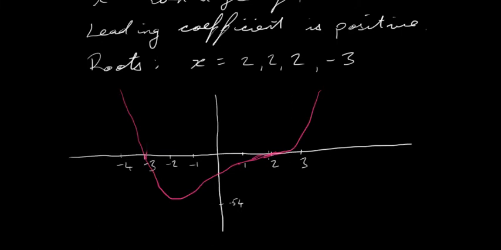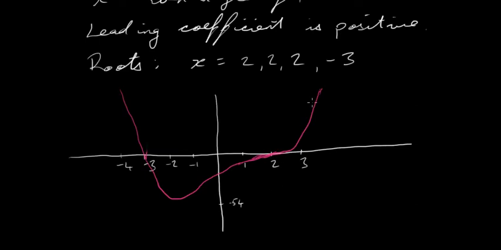I've flattened it out a bit there. So it'll look something like this. Both arms are pointing upwards. One of our roots is at -3, so it goes straight through -3. x equal to 2 has a multiplicity of 3, which is an odd multiplicity, so it's going to flatten out across the 2 here.